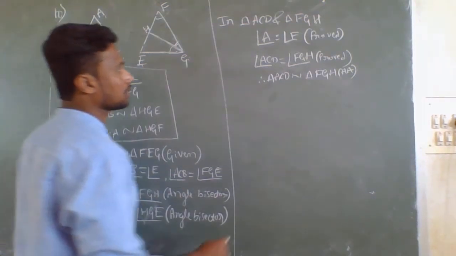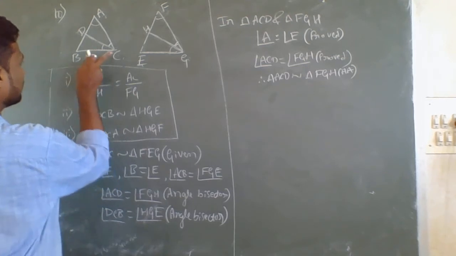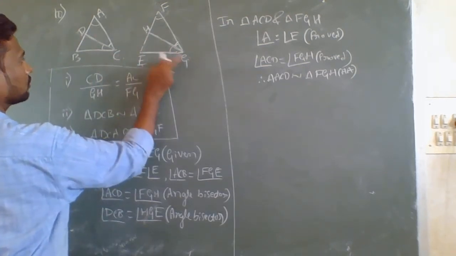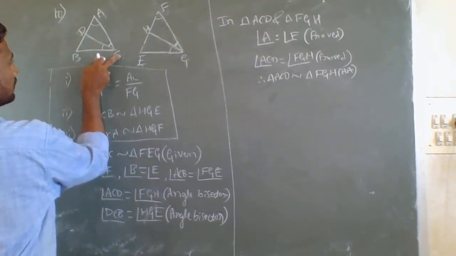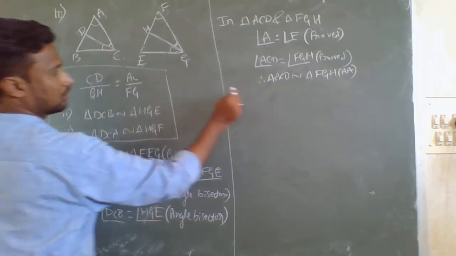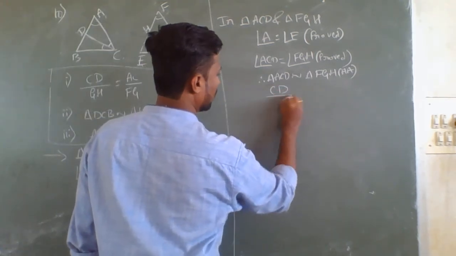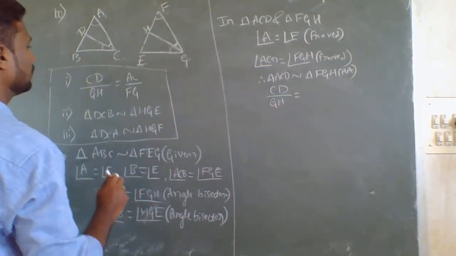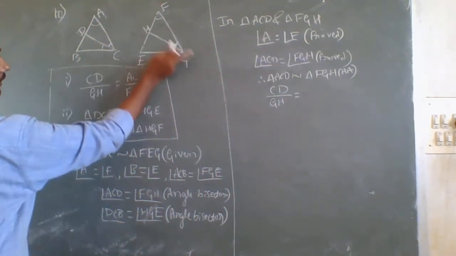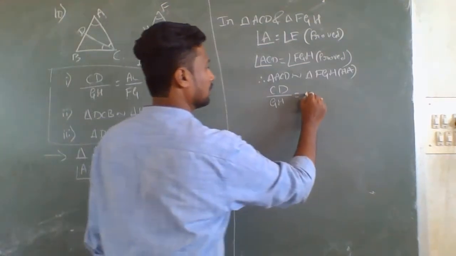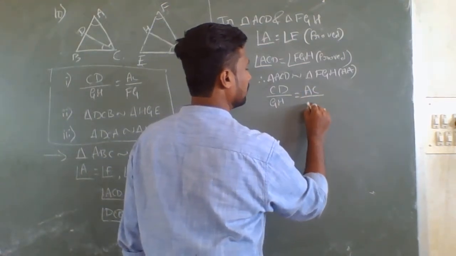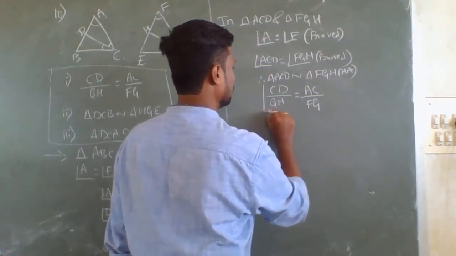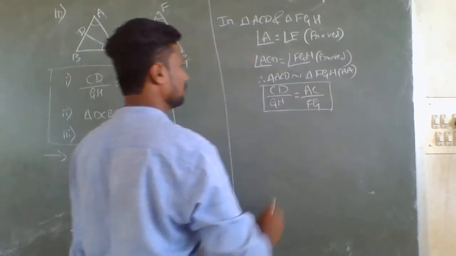If these two triangles are similar, then CD by GH, these two are corresponding sides, therefore CD by GH equals AC by FG. Hence, we proved the first one.